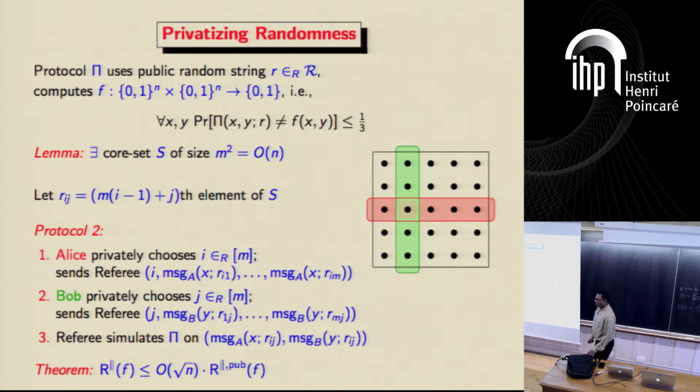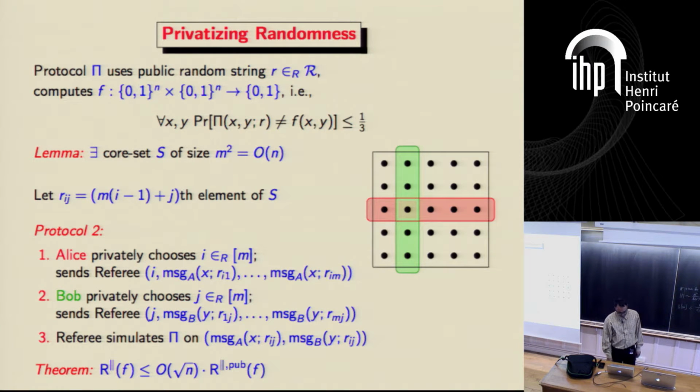Of course, the referee has got lots of different candidates for the message from Alice and the message from Bob, but based on these two, the referee knows where the intersection is. So he knows which element is actually common to this set and this set. And so he is just going to simulate the original protocol, assuming that those two messages came from Alice and Bob, so the message corresponding to Rij. You can check this obviously works.